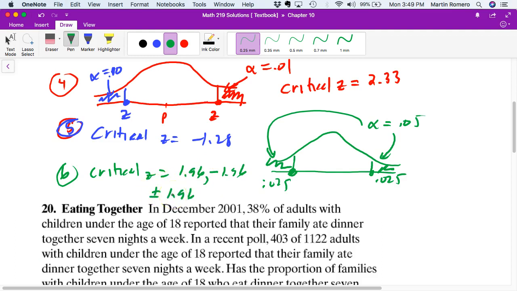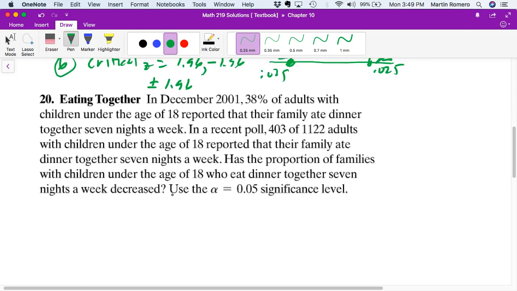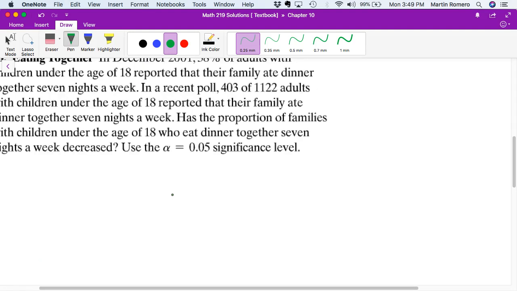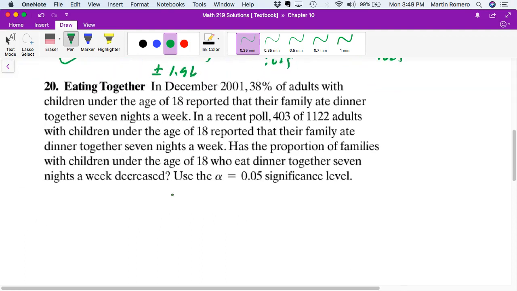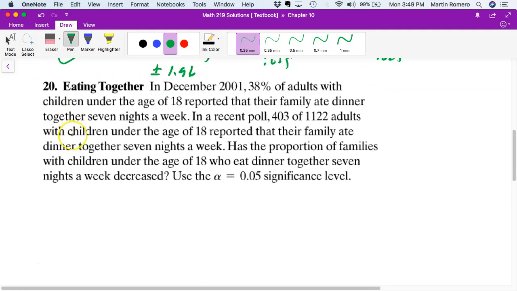There you go. Let's go ahead and look at number 20. Let's actually go run a hypothesis test here. In this case, in December 2001, 38% of adults with children under the age of 18 reported their family ate dinner together 7 nights a week.